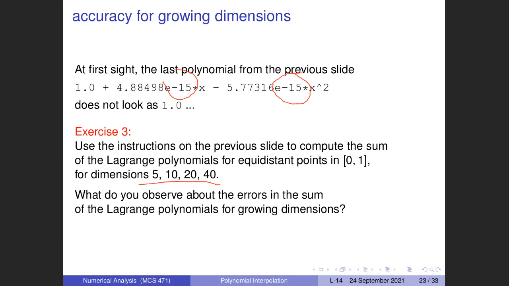But actually the inputs for the interpolation problem are n plus 1 numbers. So the size of the data, the dimension of the data is actually linear, not quadratic. So that's also an indication why the interpolation problem might not have been that bad as we looked first at exercise 1.